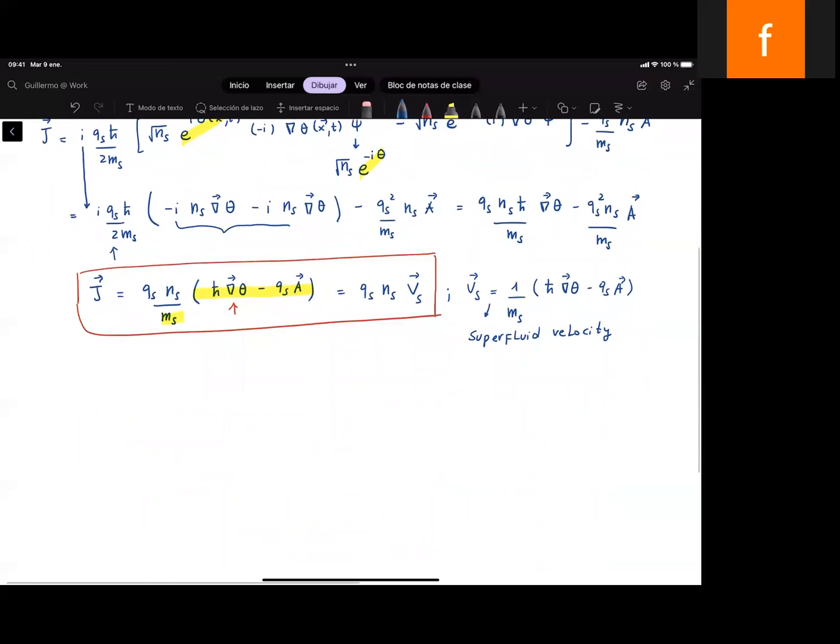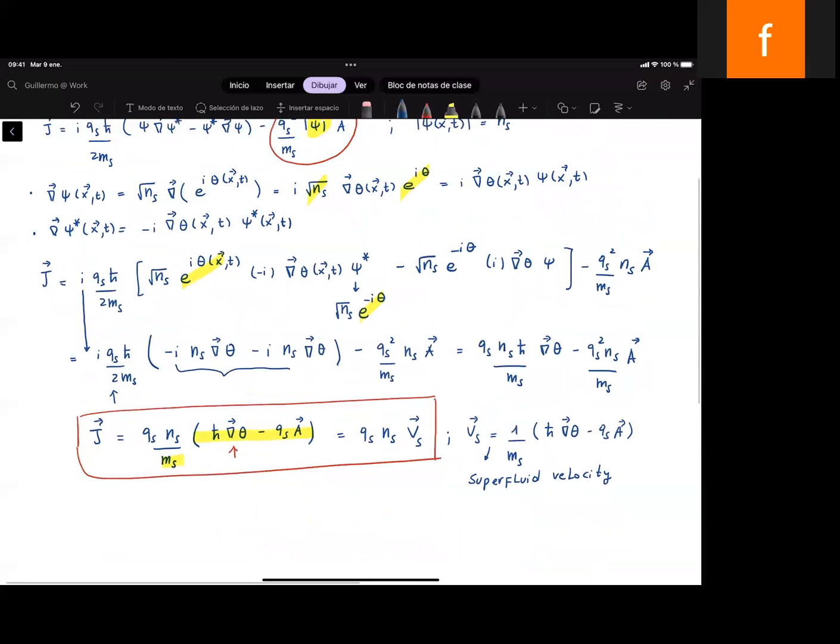I have a question. Yes. When you consider the sample, there are no Cooper pairs flowing outside the sample, right? No, on the surface. I'm trying to imagine that system where the Cooper pairs are equally distributed around the sample, but they are moving around it because of the charge current.